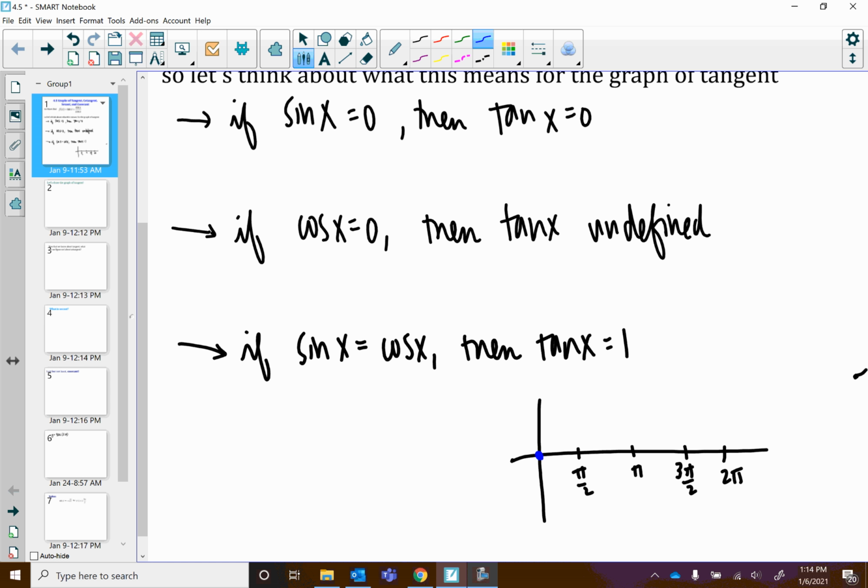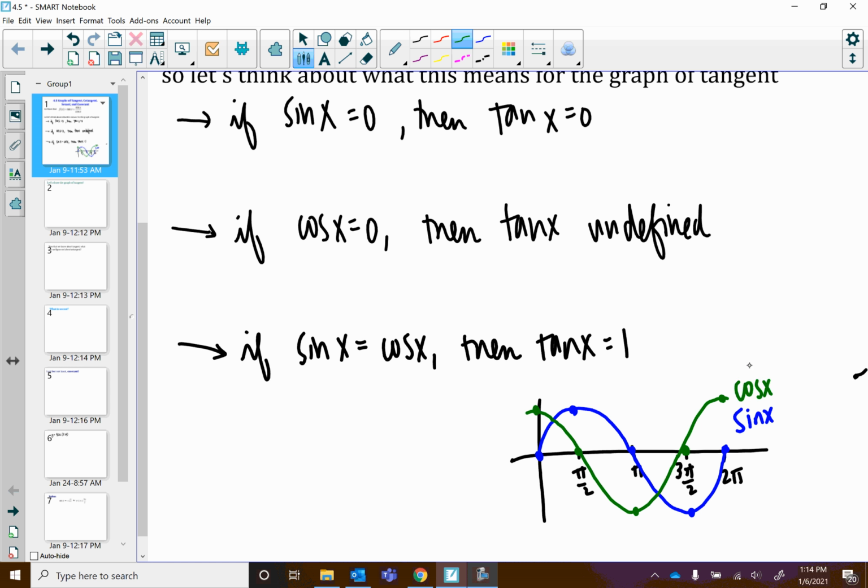Sine starts at the origin, goes up to the middle, down and back to the middle, right? Here is sine. And cosine, we know, starts at 1, goes to the middle, down to -1, back up. And so here is the graph of cosine.